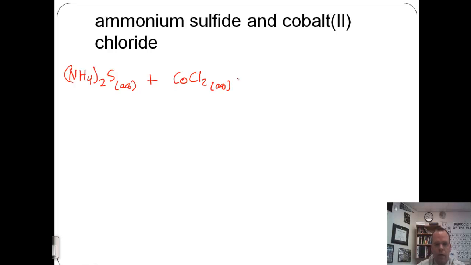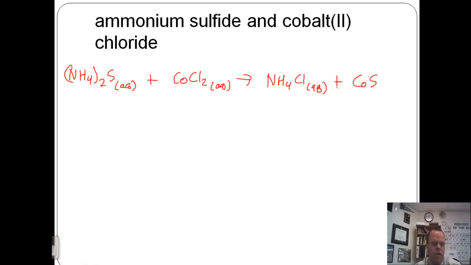That's aqueous, chlorine with everything other than lead, silver, and mercury. Ammonium chloride is the first product since it's switching partners. We know that's aqueous from ammonium and chlorine. And then cobalt-2 sulfide. The cations keep their same charge on both sides of the equation. So cobalt was 2+ in the reactants, it will be 2+ in the products.